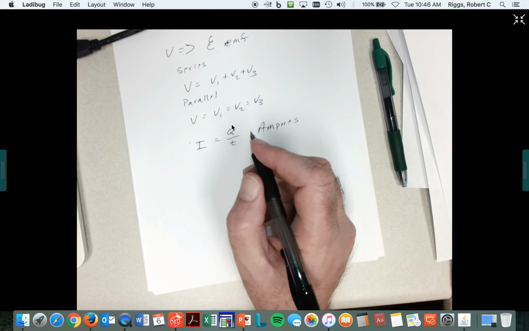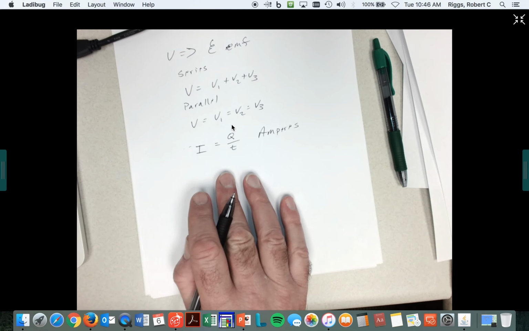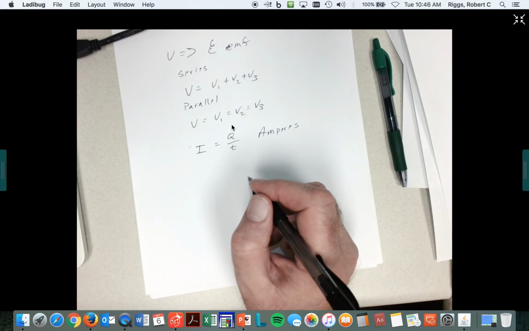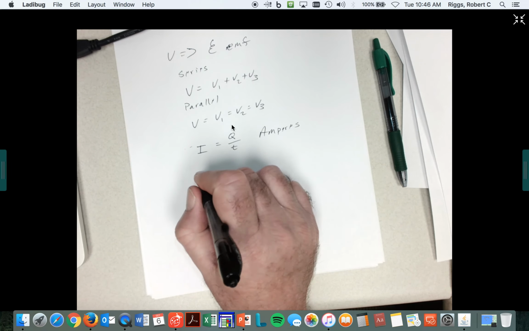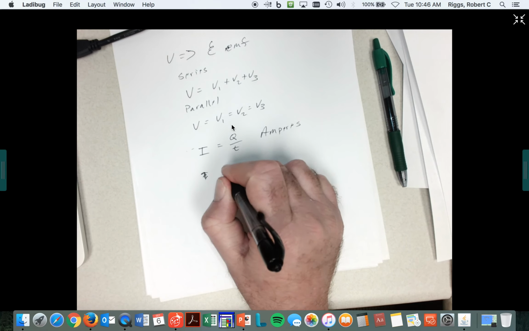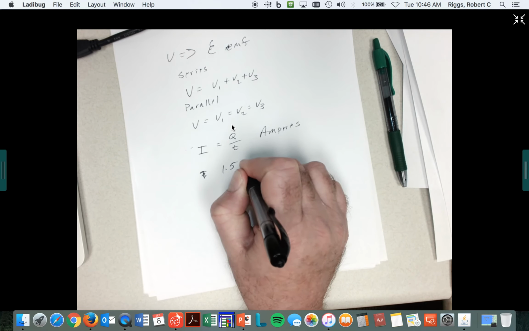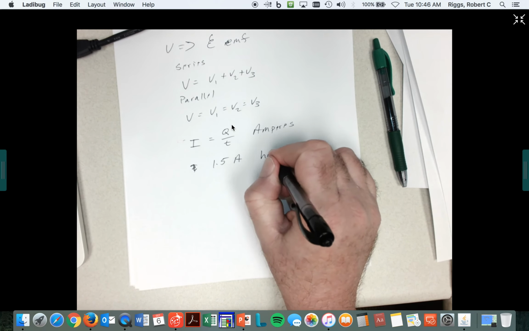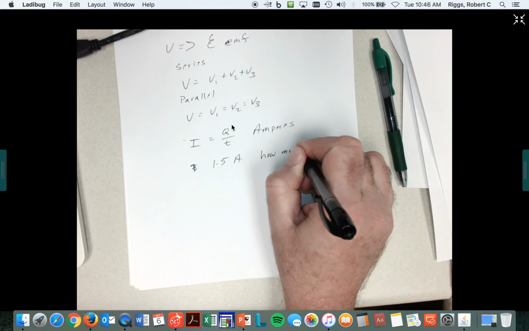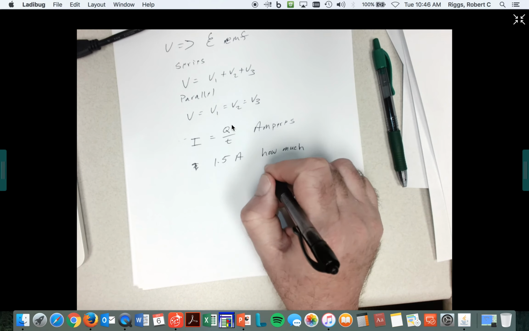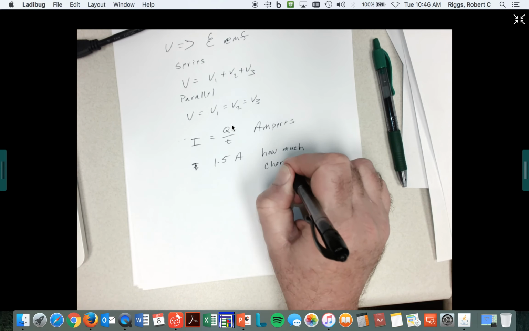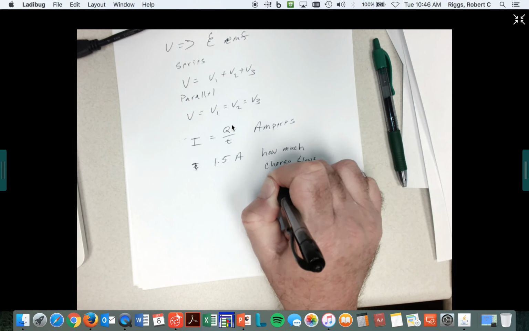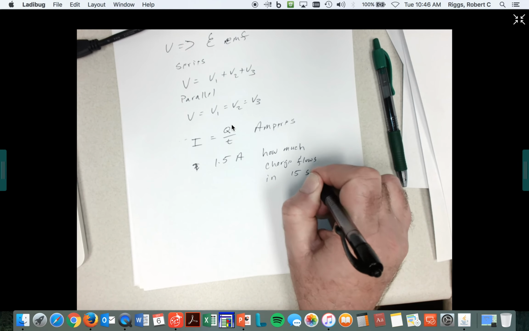An example would be, let's say a wire has 1.5 amps. How much charge flows in 15 seconds?